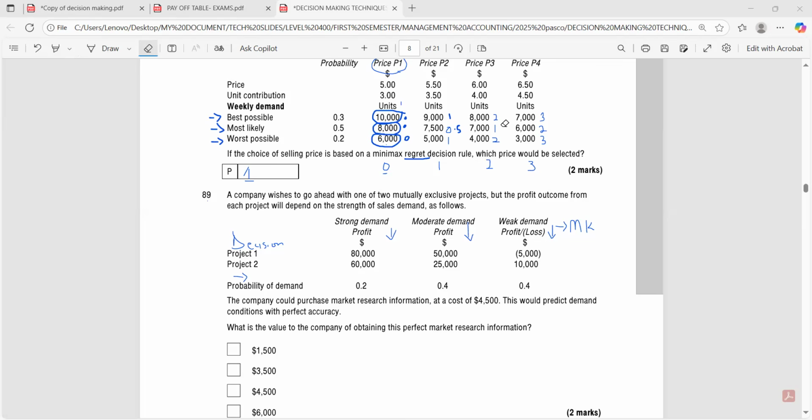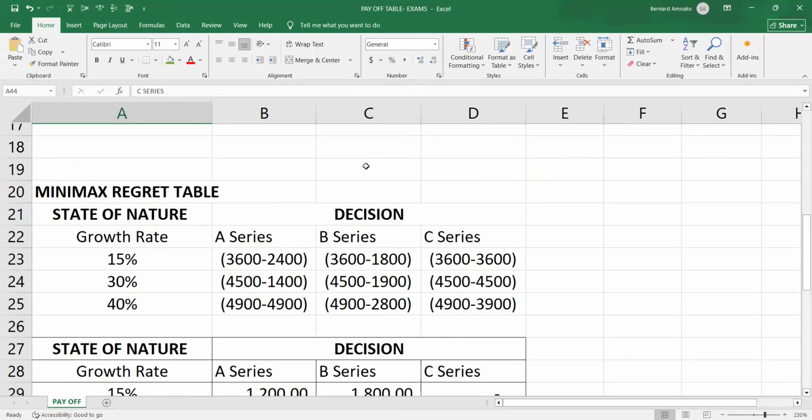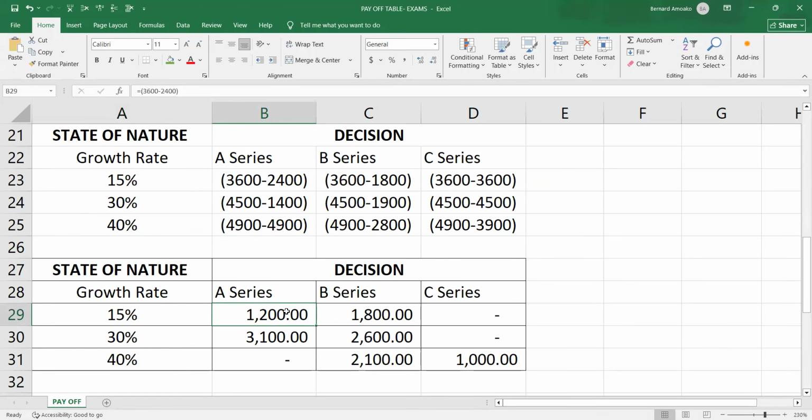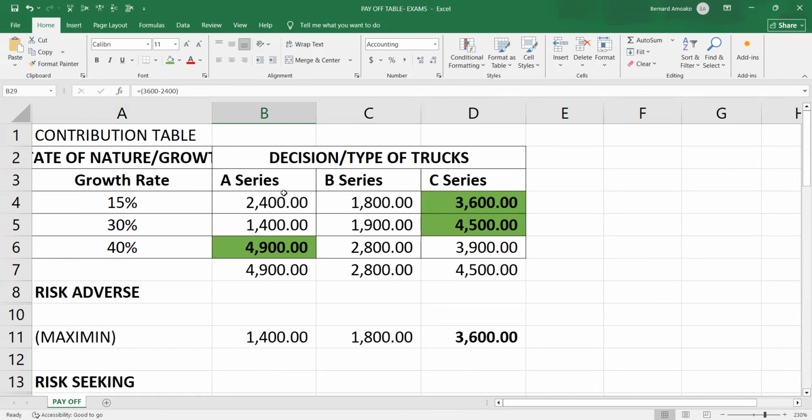For example, in a question like this, because the highest figure was 4,000, 3,600, don't go and write 2,000 minus 3,600 and say you regret 1,200 negative. No. We have agreed that it is a regret table, so even if it is a positive figure, we know that you have lost that amount of money. So don't put it there. But it's possible that in the payoffs presented to you, there'll be a negative.